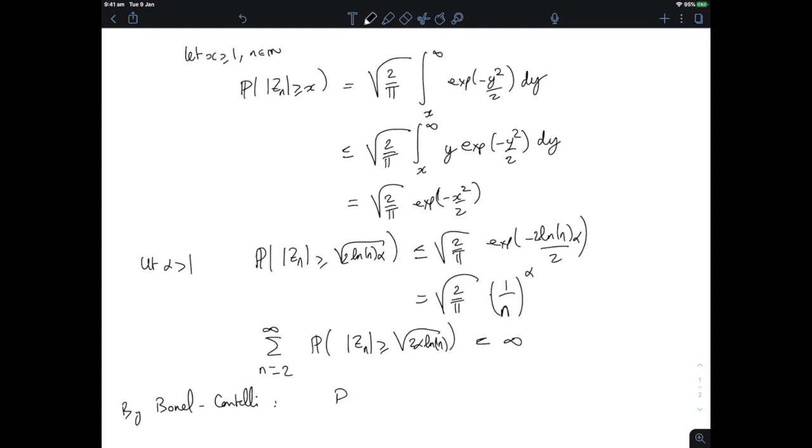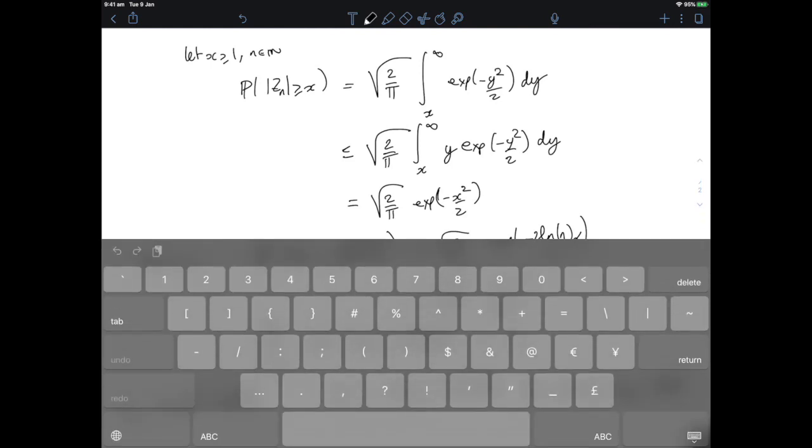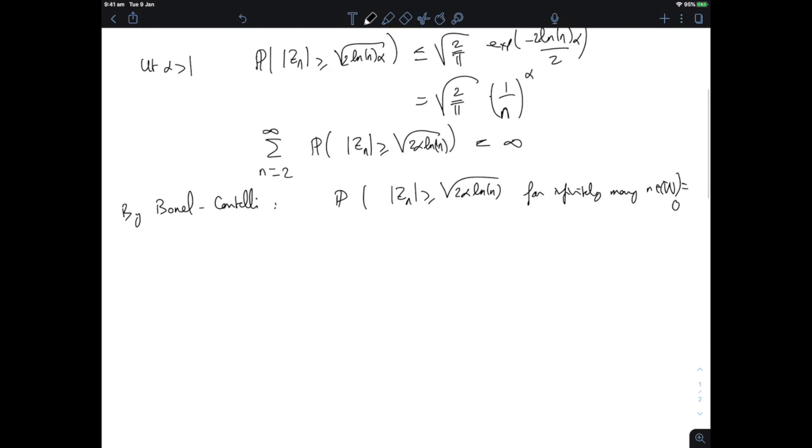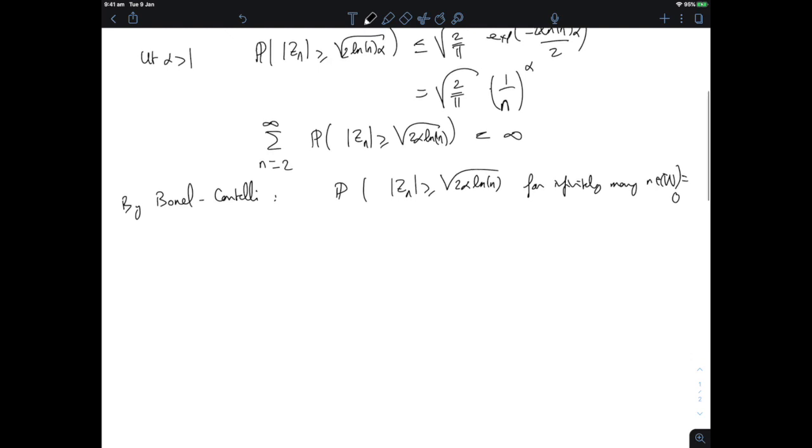So put in a different way, the probability that you have Zn larger than some multiple of square root of log n for infinitely many n is 0. Okay, so up to a set of measure 0, my Zn is only greater than this multiple of square root of log n finitely many times. So what does that tell me?